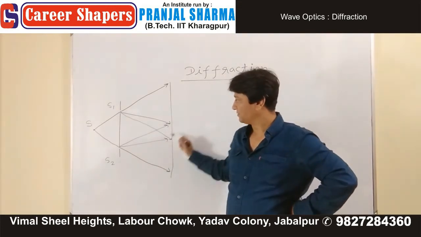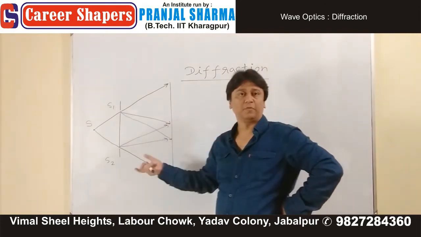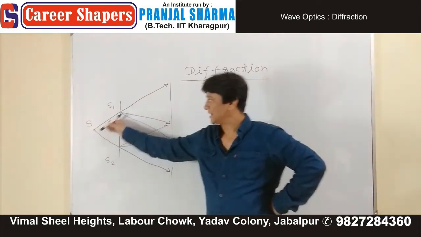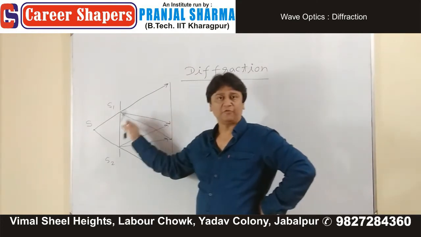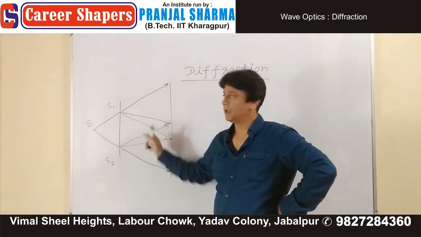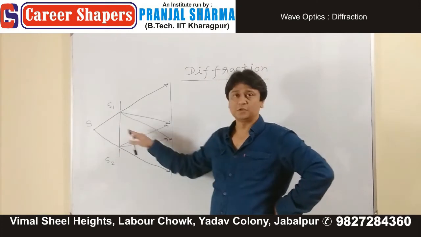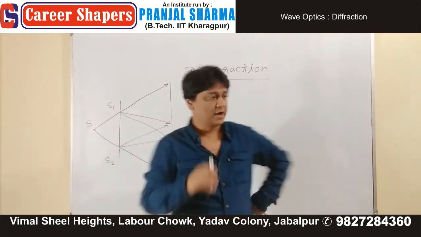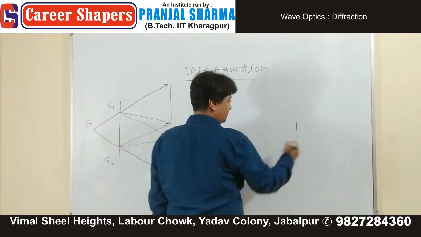Now, these waves coming from S1 and S2 interfere with each other. So instead of rectilinear propagation, interference tells us that light is bending at this position of S1 and S2. This bending is called what? Diffraction.